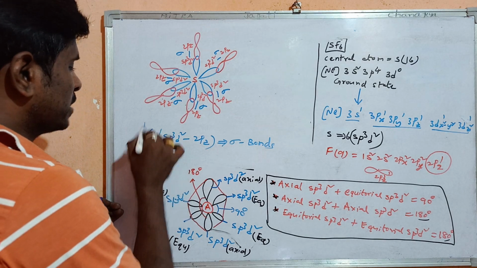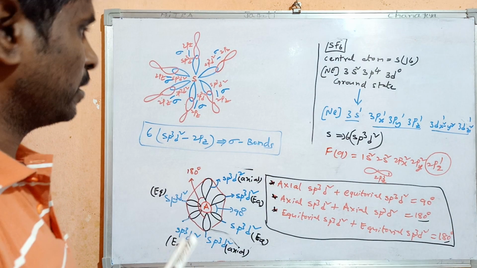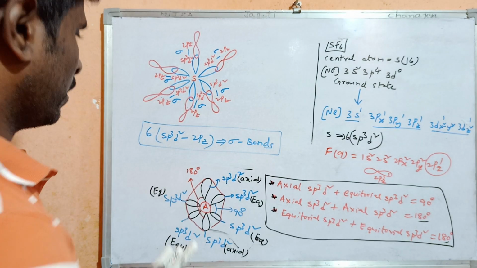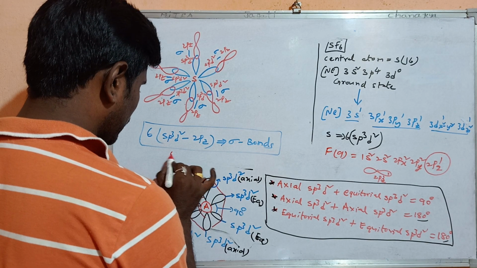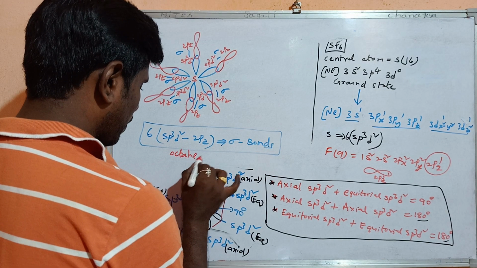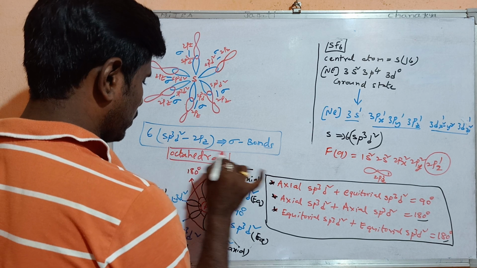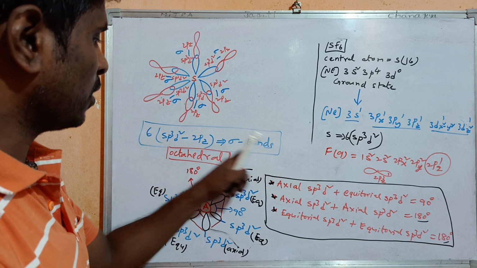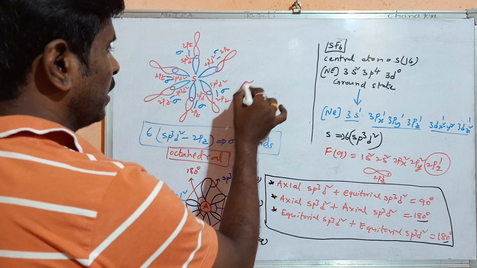Okay, these 6 sigma bonds are spread in 6 directions around the sulfur, like an octahedral structure. These 6 sp3d2-2pz sigma bond orbitals are spread around sulfur like an octahedral structure.